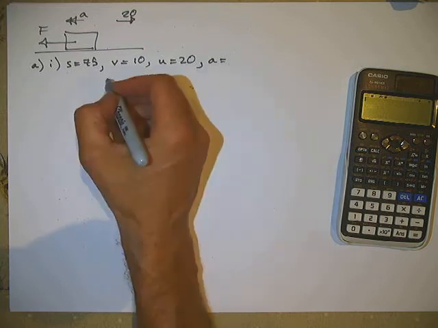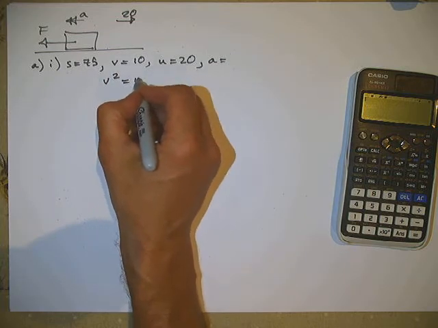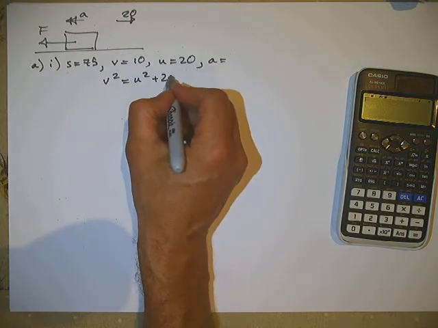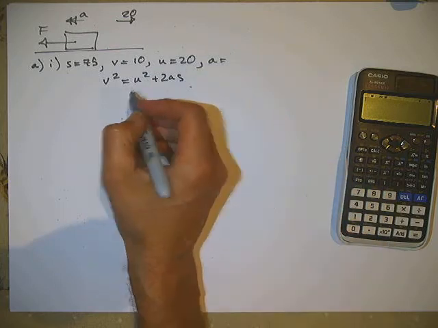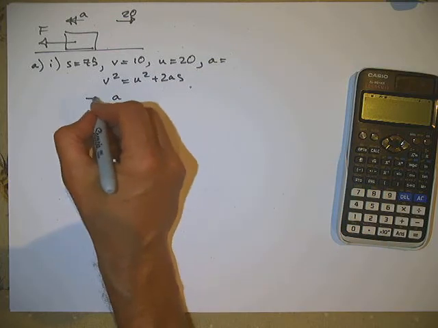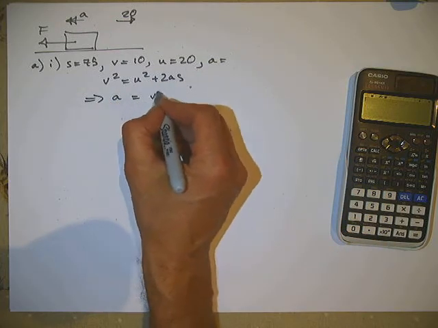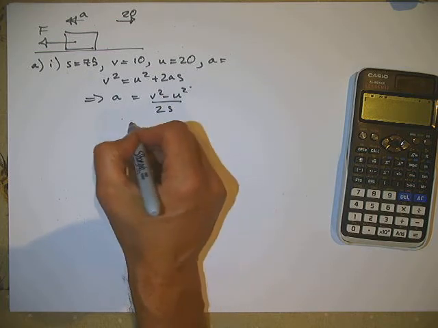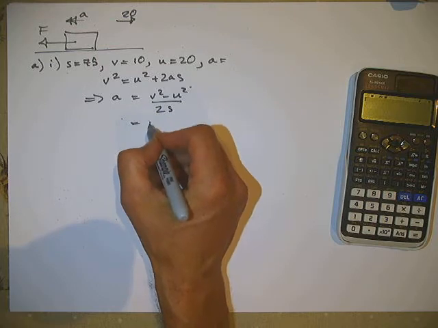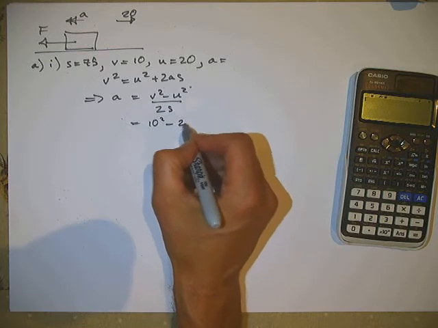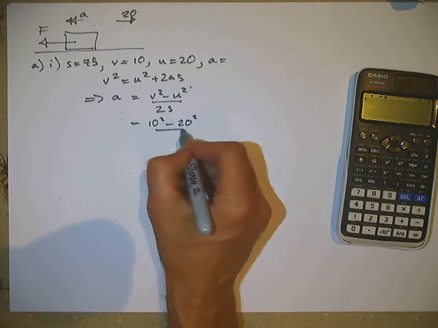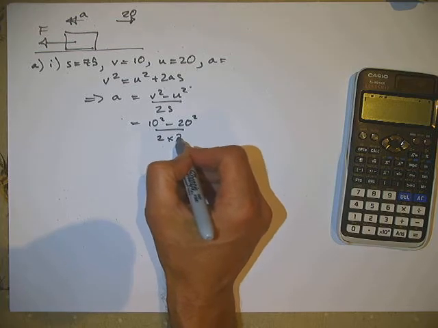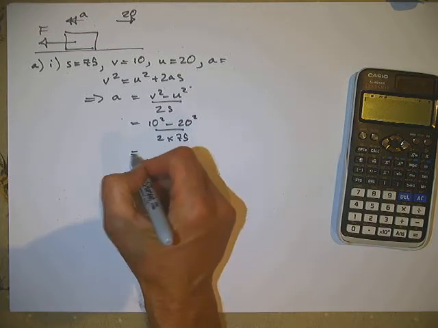So V, U, A and S, it's on the formula sheet, but at some point it'd help if you learned them. Is it crucial? V squared is U squared plus 2AS. Acceleration would imply that the acceleration is V squared take U squared over 2S, which is 10 squared, 100, take 20 squared, 400, divided by 2 lots of 75, which is 150.